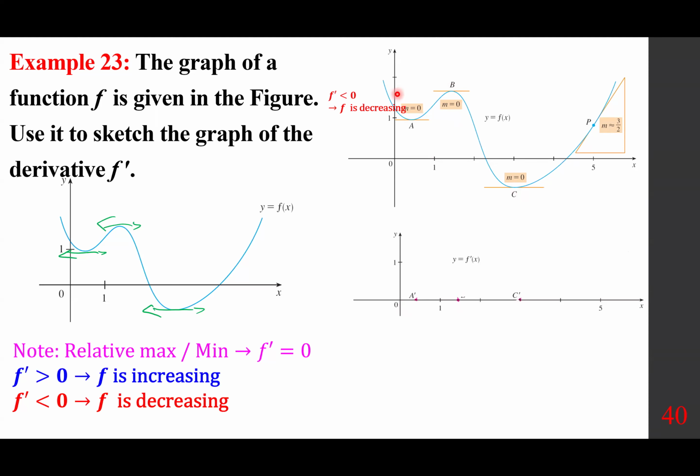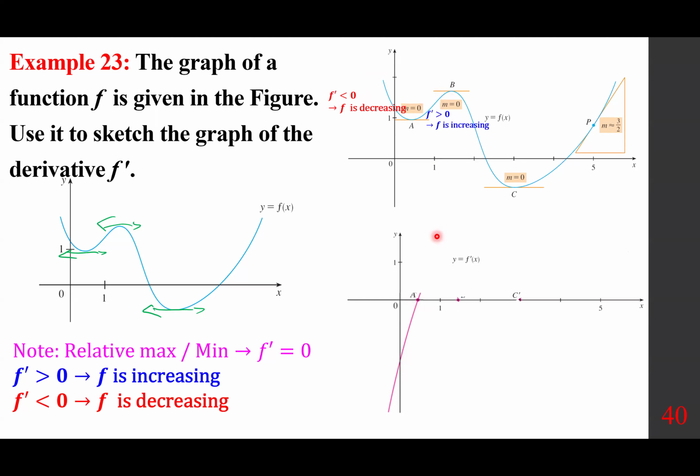Now, if you look at this part, it is decreasing, so it corresponds to this part. Decreasing means f prime is negative, means below the x-axis. This portion is increasing.